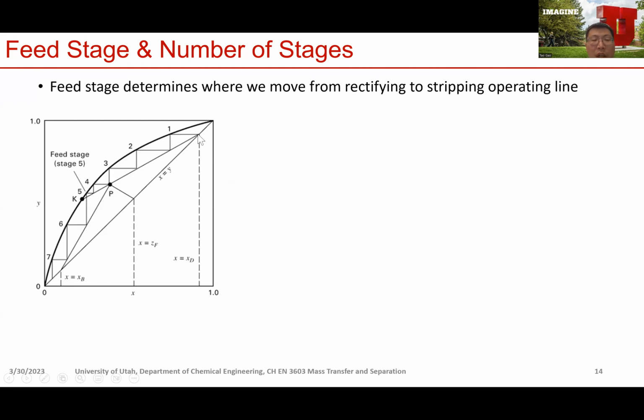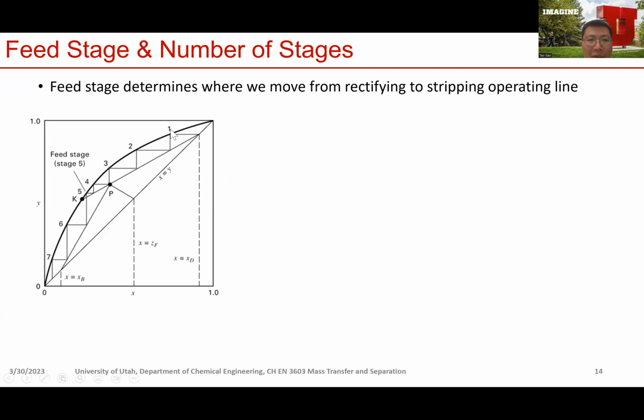So we know where to start to find the number of stages. That's the starting point. Then we can use the step-off process we discussed for the design of the absorption tower. We start from this point, which gives you the composition of the liquid and vapor phase above stage 1. You step off horizontally and cross the equilibrium line. That point gives you the composition of the liquid and vapor in stage 1, which are in equilibrium.